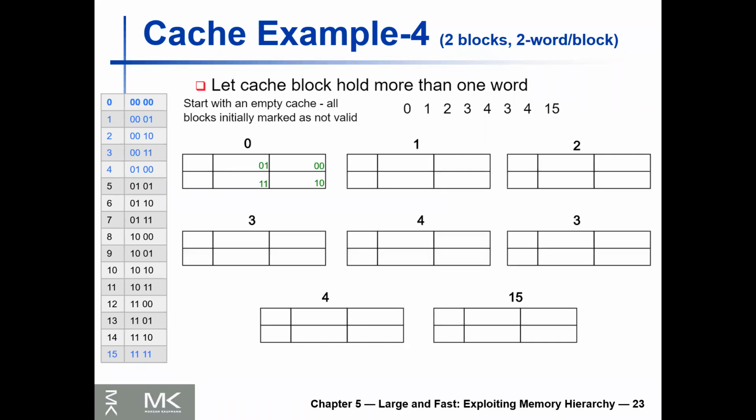Saying 2 blocks, you can easily understand how many bits we need for the indexing, because there are 2 indexes, 0 and 1, right? But each one is having 2 words. So here we have to have a word index, meaning which word I am talking about.